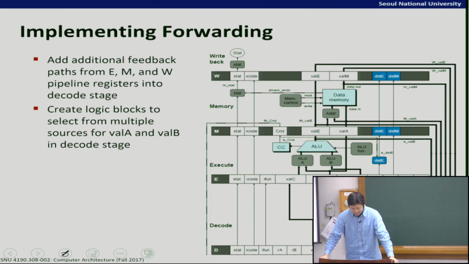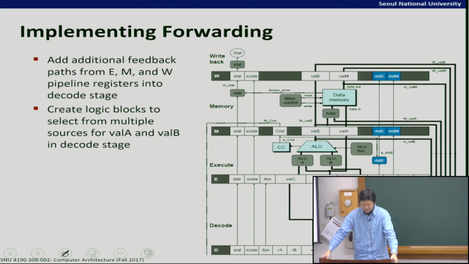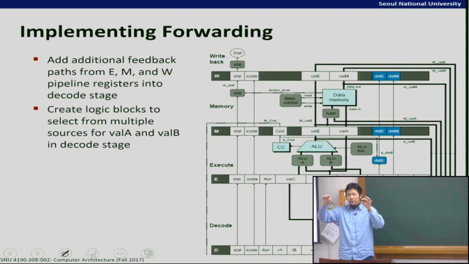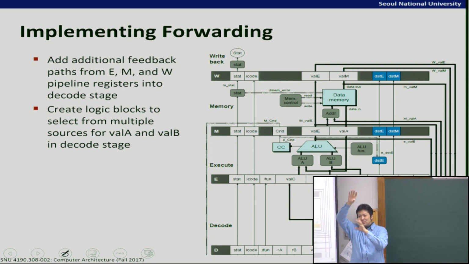Actually, I want to check that you correctly understand what we covered so far. To implement forwarding, we need additional feedback paths from the E stage, M stage, and W stage into the decode stage, right? Because a value can be forwarded from the E stage, M stage, or W stage.